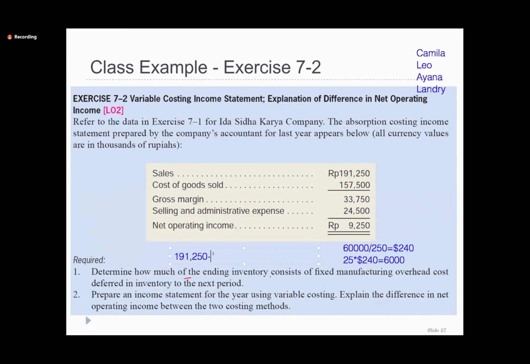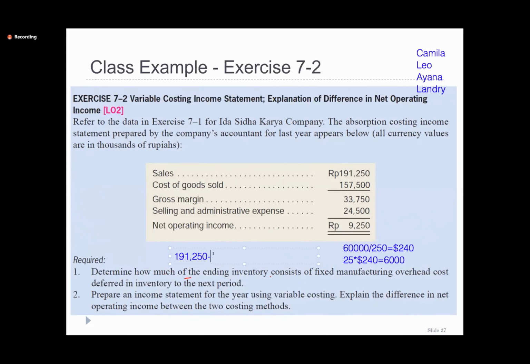So we just use the formula, right? Sales minus variable expenses. All variable expenses. It means direct labor, direct material. You will find out all this information in your 7.1 exercise, previous exercise. Okay, go back over there and find out.